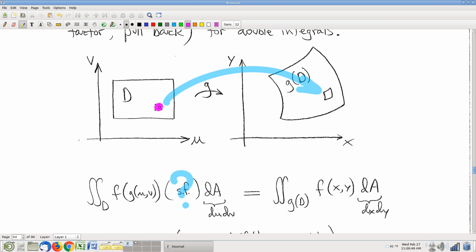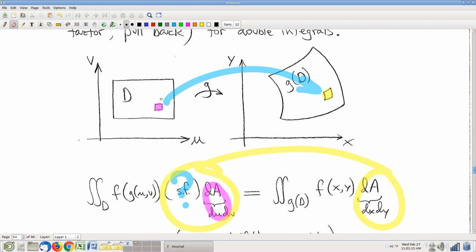That which I multiply by that area to give me this area. And there's a formula for it. And I'm not going to justify it right now. I'm just going to assert it. We'll talk a little bit later about how to justify it to some extent. But right now I'm just going to assert what that formula is.